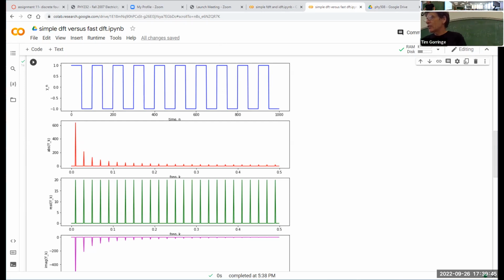So that's what you're seeing here. Let's look at the absolute value. First of all, this is the absolute value in the frequency domain. The biggest spike is at 0.01 cycles per second. So that's the frequency corresponding to this square wave. That's the base frequency. So that produces a sine wave that is in phase with this.